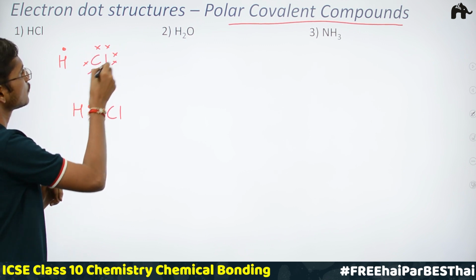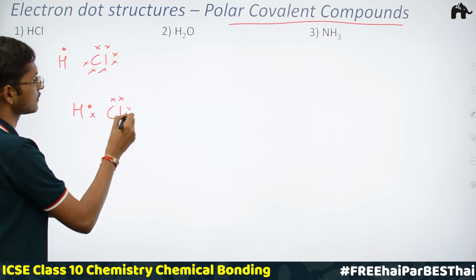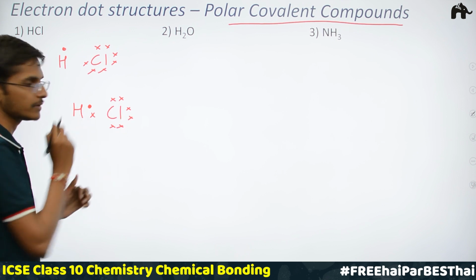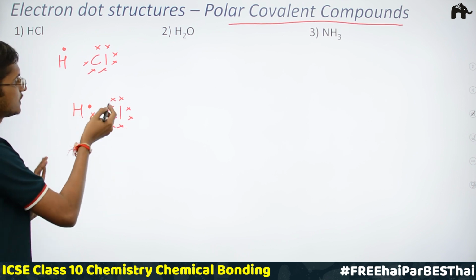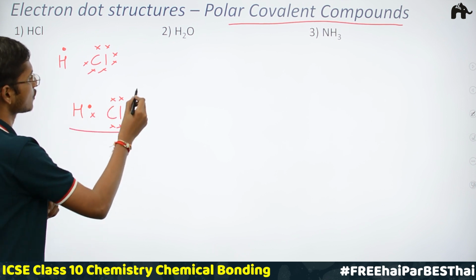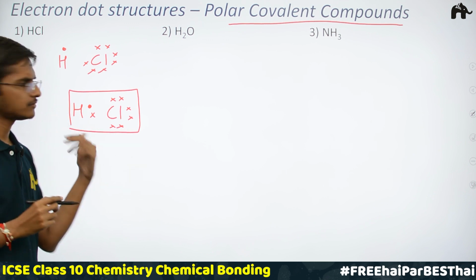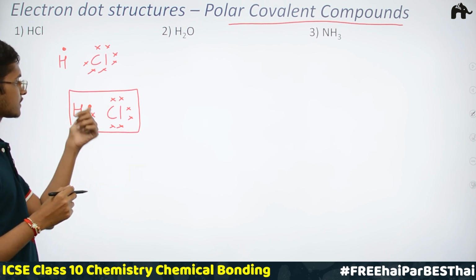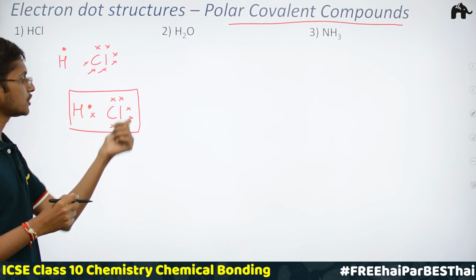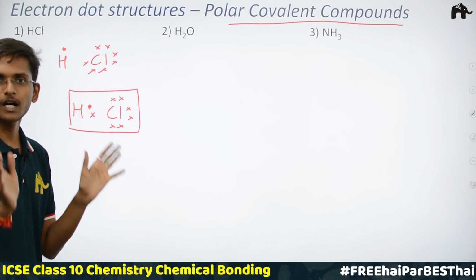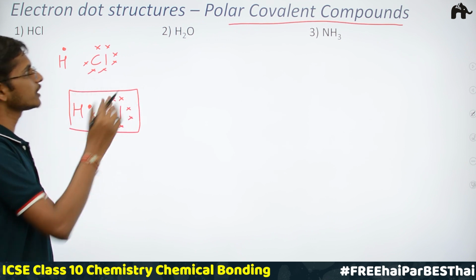The remaining 1 2 3 4 5 6 electrons of chlorine remain as they are. So this is the electron dot structure of HCl. Now let's check it. Hydrogen's duplet is complete, 1 2. Chlorine's 1 2 3 4 5 6 7 8, octet is complete.